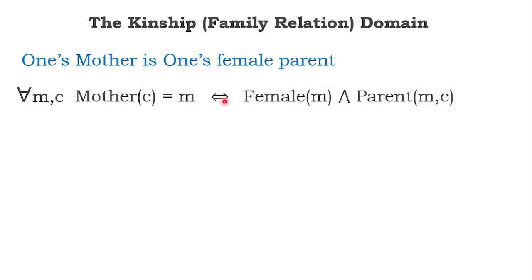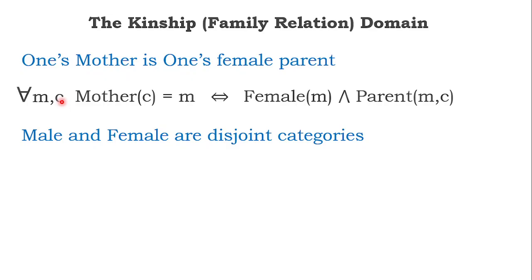It's a biconditional statement. This is also true, this is also true. For all M and for all C, C's mother is M if and only if M is a female and M is a parent of C.